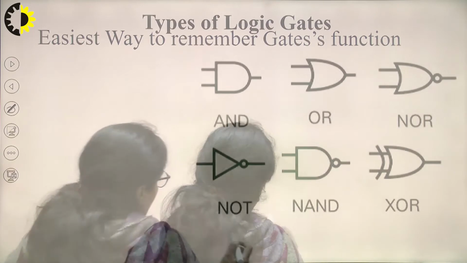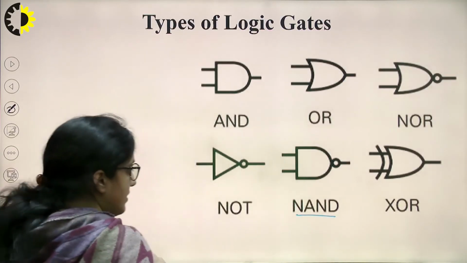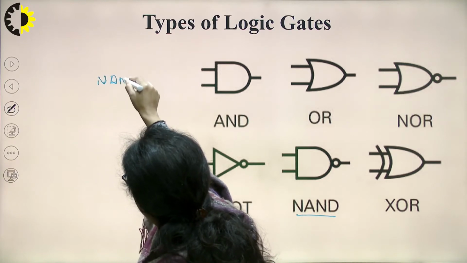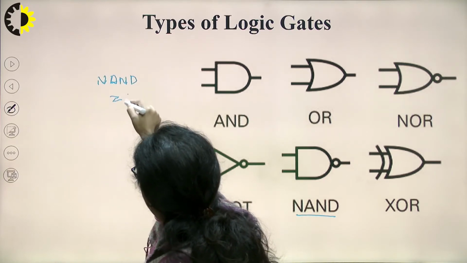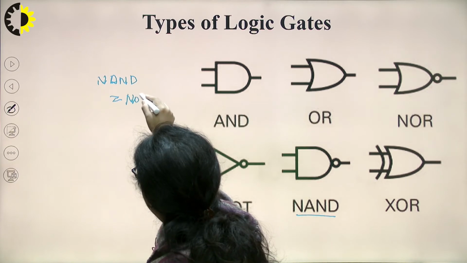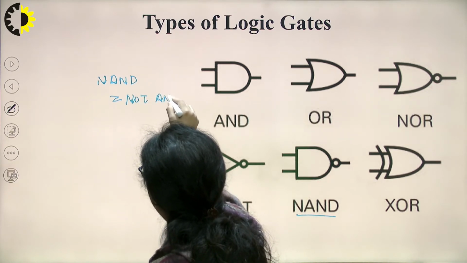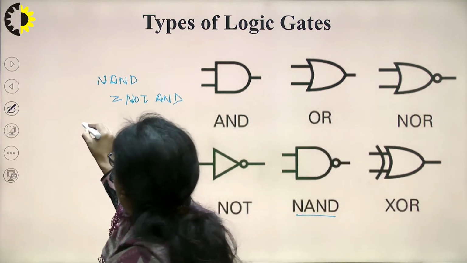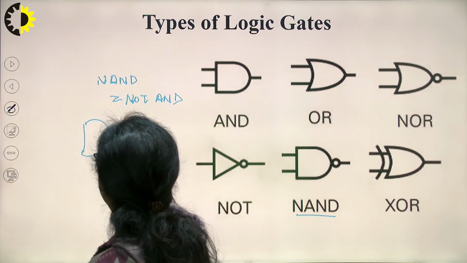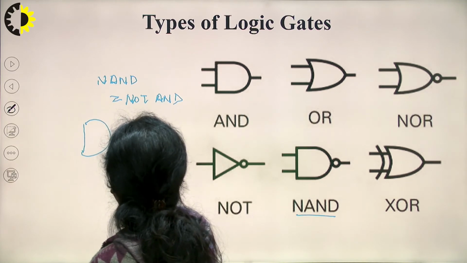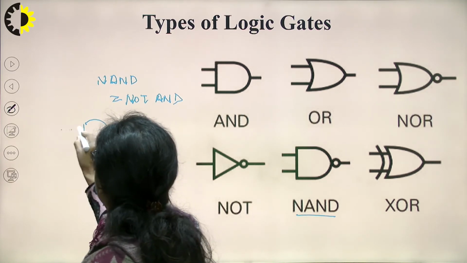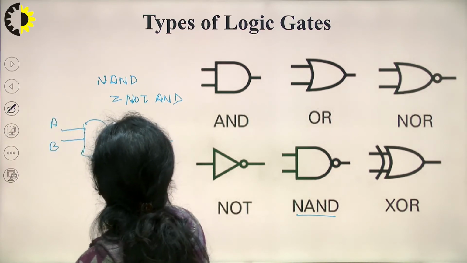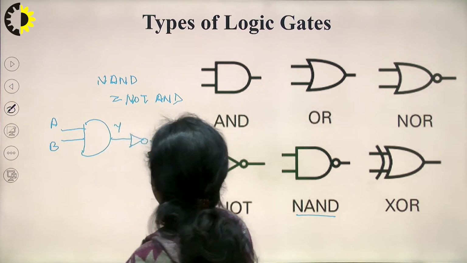So this NAND, as its name says, we can write it like NOT AND. Or we can have it like this: an AND gate with an inverter. Okay, A, B, Y and Y complement.